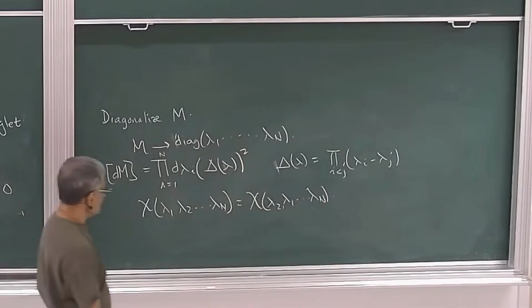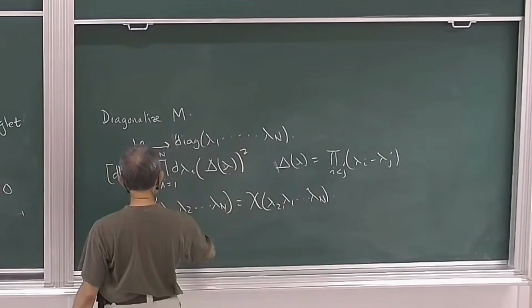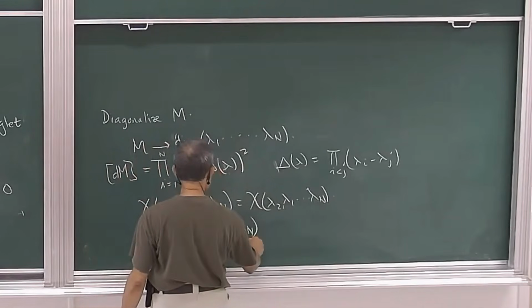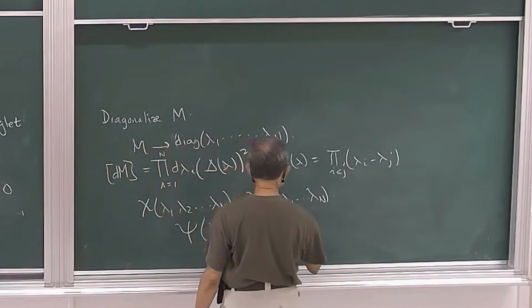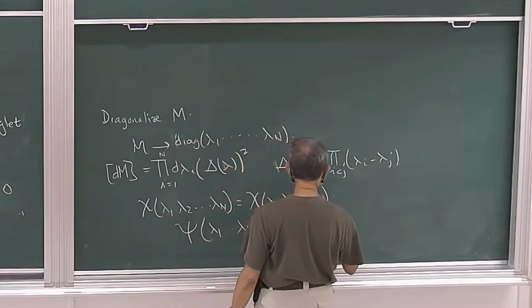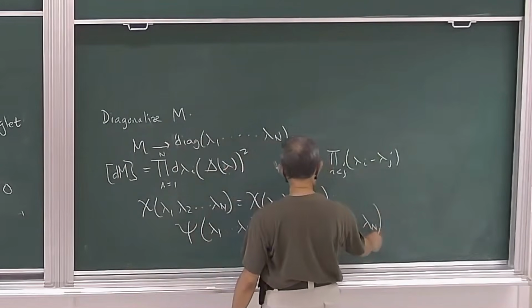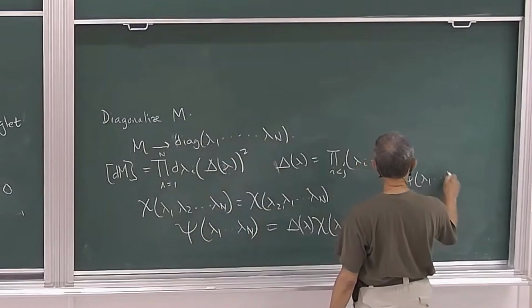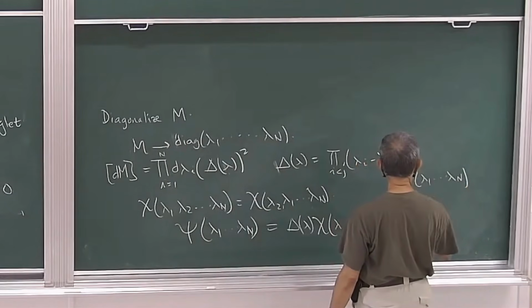So symmetric wave functions. Sometimes, in fact that's probably the best way of thinking about it, is to define a new wave function where you take it like this, and the new wave function is antisymmetric.